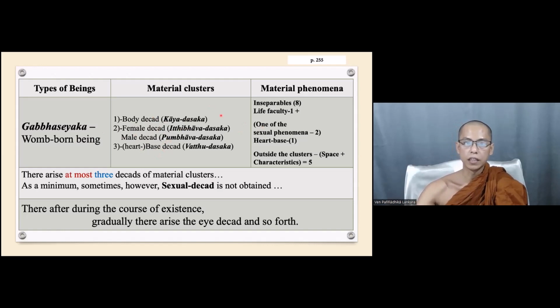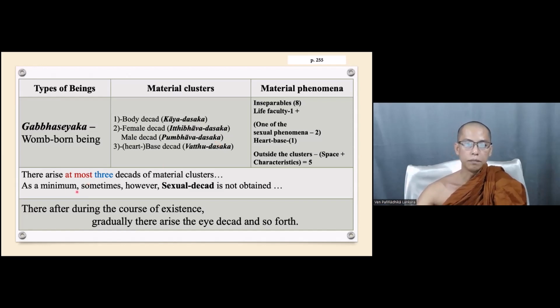For the materiality, if we count that in 1 decade there are 10 materialities, because it is a Dasaka, 10. So only 30 materialities arise as the starting moment of the material cluster of the beings. We start from that.